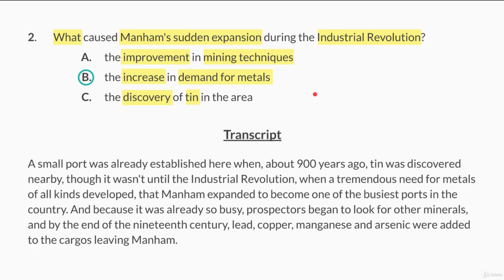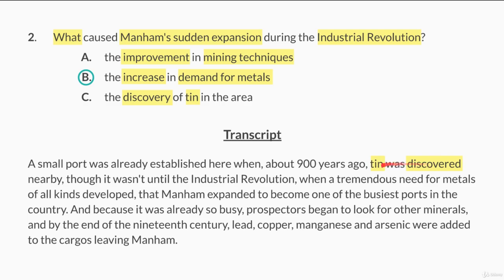Here is the transcript, and let's take a look at the keywords in the transcript. So right away, they start to talk about tin. And if you mark the keyword tin in the answer choices, you may think that that is the correct answer. Maybe it was because they discovered tin, right? It says tin was discovered.